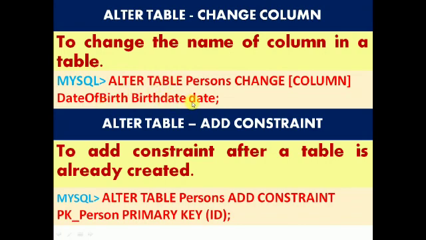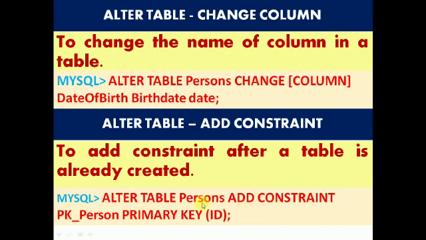Now next is alter table to add a constraint, means your column is already existing, only you want to give a constraint to that column. For example, I have already created a column ID, but I have not added the primary key constraint. Now I want to make that ID a primary key.